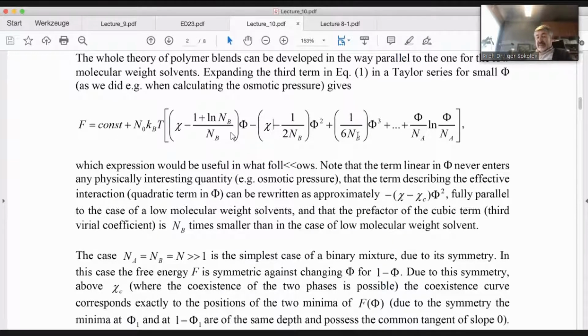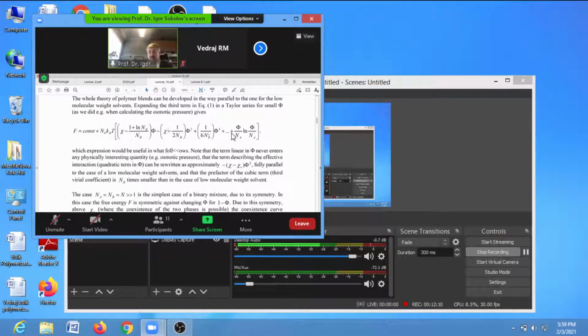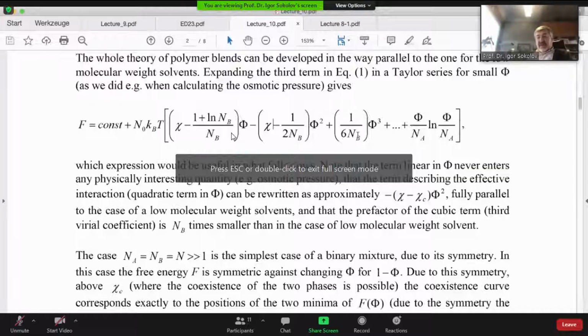But the prefactor in front of this term can be made small if I consider a high molecular weight solvent. And this is an important observation which will play some role in what we will discuss at the end of the lecture.